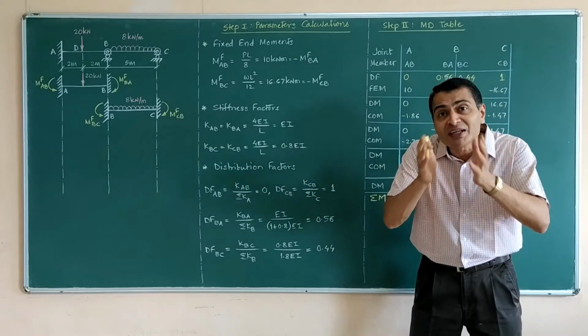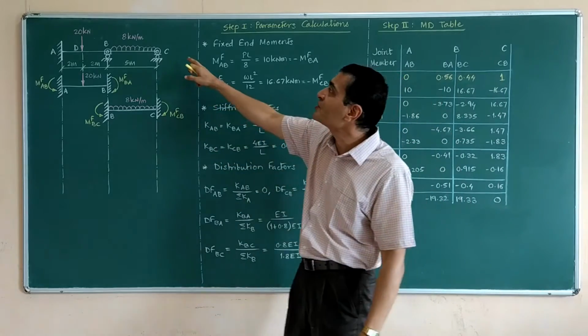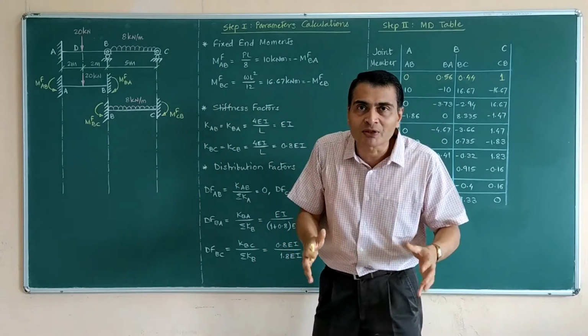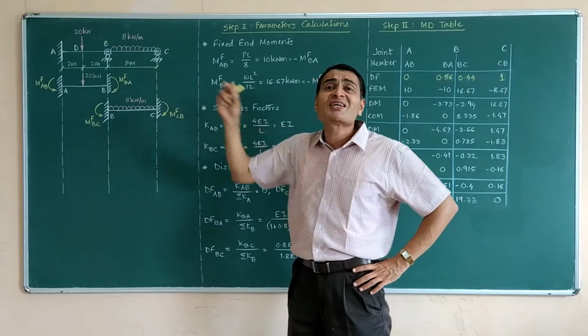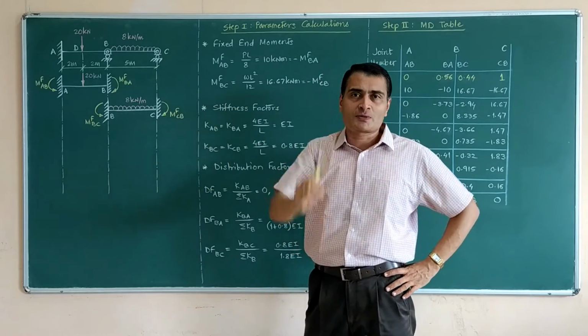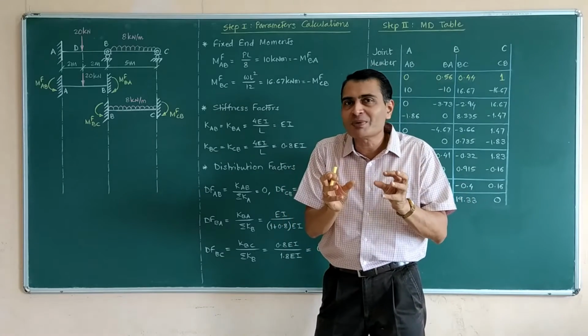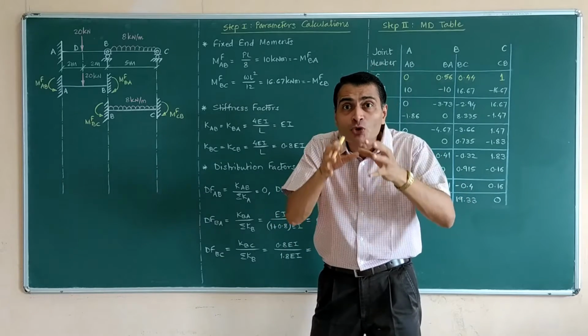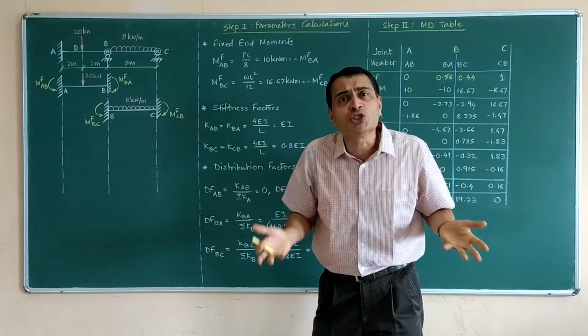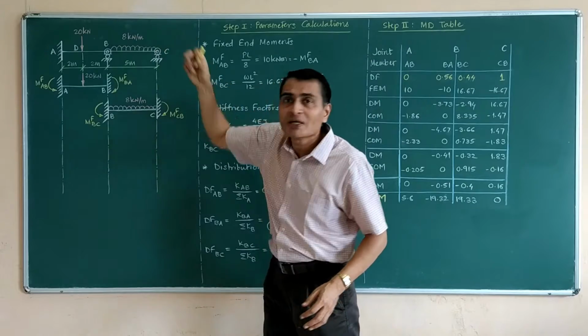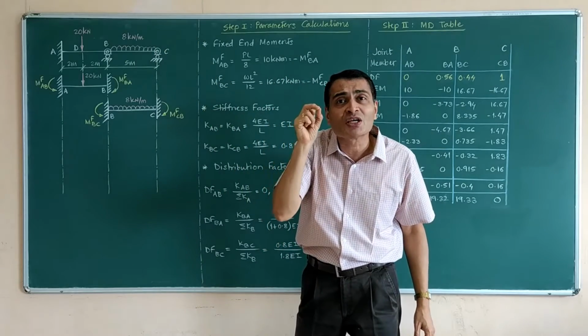In the same way, something very interesting is happening at joint C, and we are seeing it for the first time in the moment distribution method. See, joint C is an exterior roller. How is the roller designed? You have the rollers at the base, that is fine, but on top of the rollers is mounted a hinge. If you observe this diagram carefully, at the top there is a pin or a hinge shown.